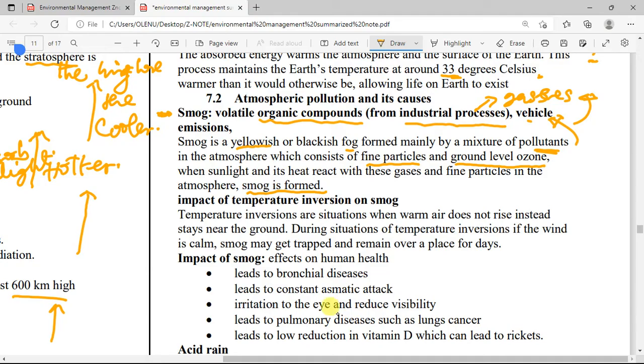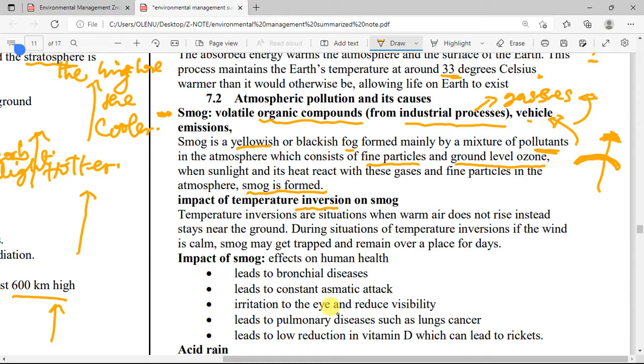So smog acts like an artificial shield within the troposphere, within a particular area. Now, this smog is also enhanced by temperature inversion, in that these gases are supposed to move out and go far into the atmosphere, but temperature inversion will now help to trap these gases within the troposphere, within an area, such that it becomes a particular hazard and affects that environment immensely.